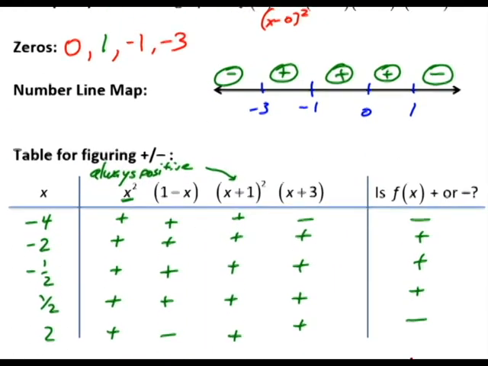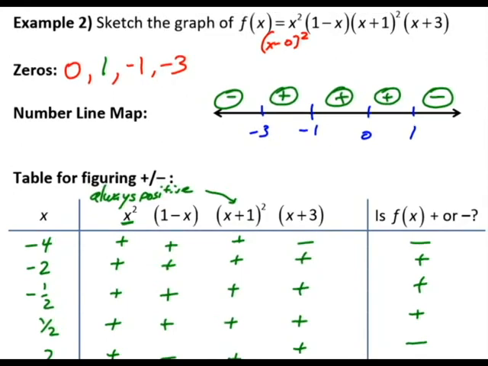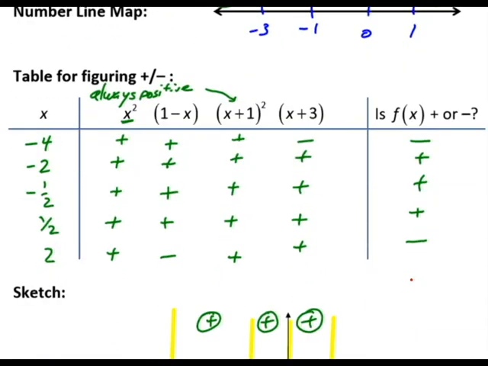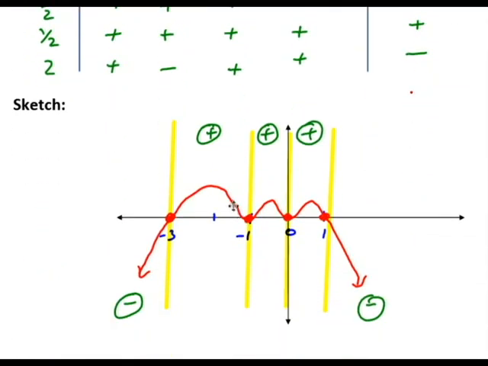If we look back at the original function, the factors associated with 0 and -1 were both squared terms. What's going to happen visually is that this is going to look like the bounce of a parabola.